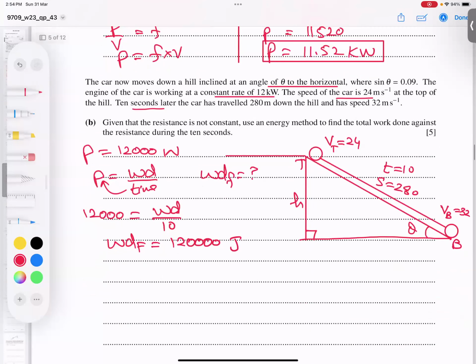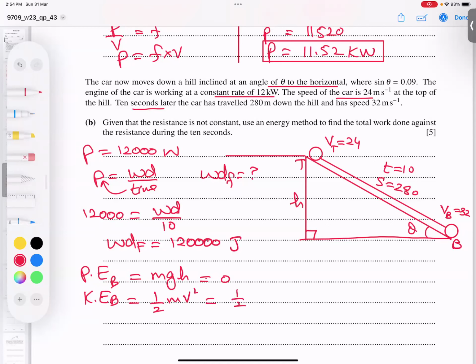Okay, now my question, what is the potential energy at the bottom? Because height is 0, so it has 0, because mgh, and height is 0. That is why potential energy is 0. Okay, kinetic energy at B is half mv square.